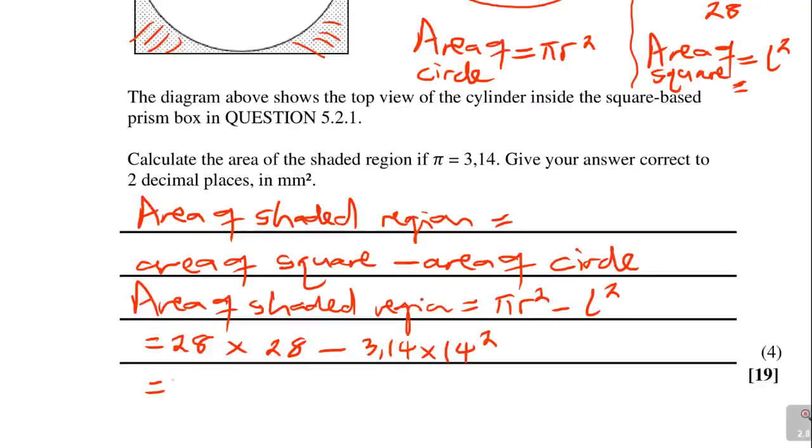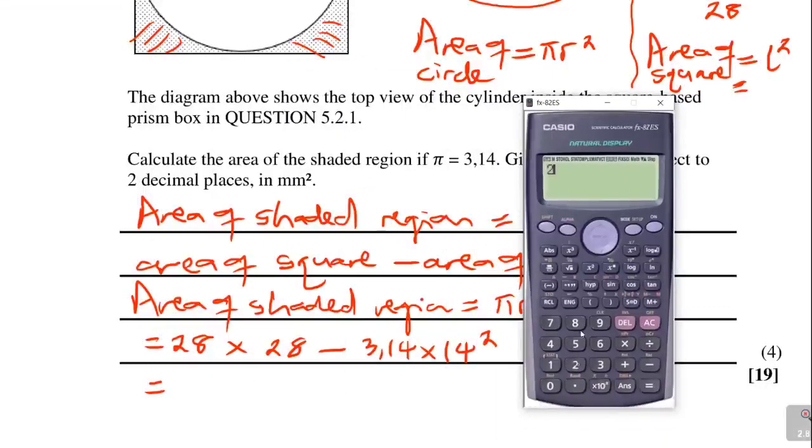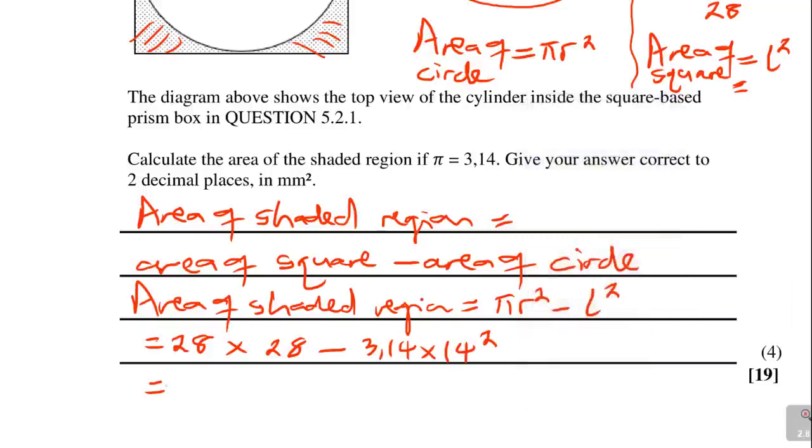You can do it maybe for the sake of working in two parts. You say 28 times 28, are you with me? And then you say 3.14 times 14 squared. You can do it separately. So let's do the first one. 28 times 28, what do we get? 784.